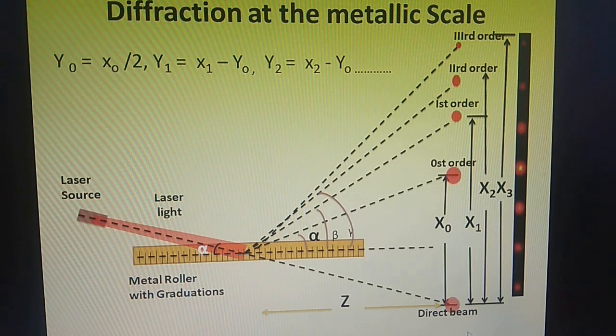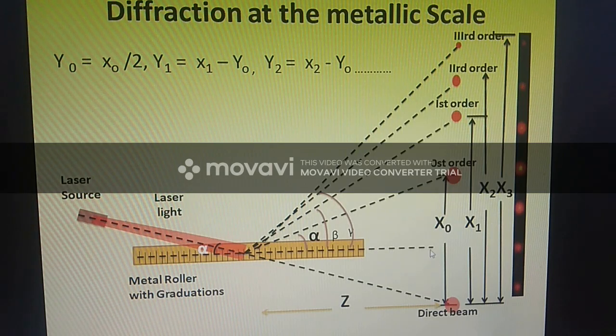Then similarly, from the direct beam to the second order x2, you remove this y0 here. Then x2 minus y0 is y2. So what are we doing here?